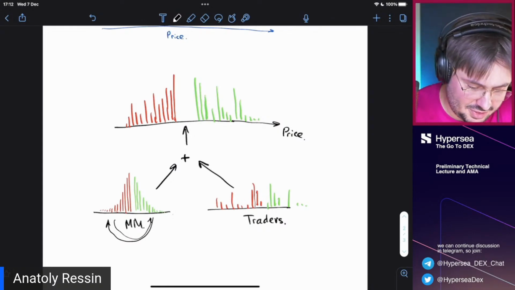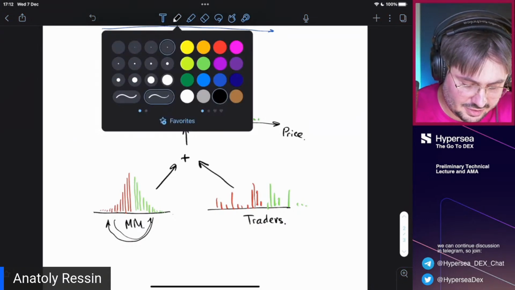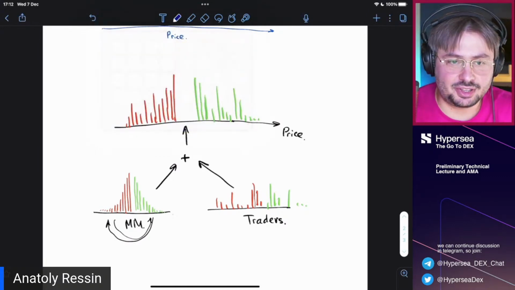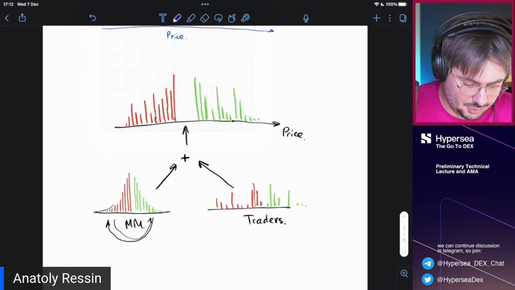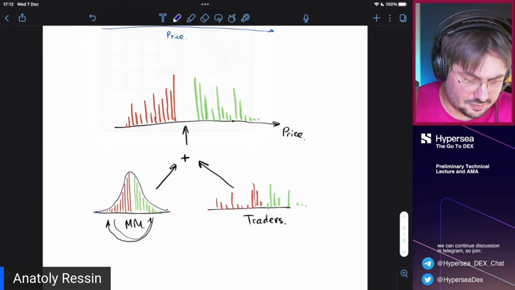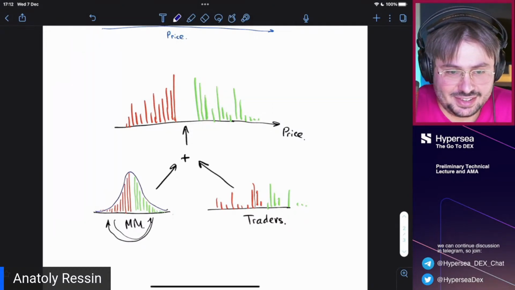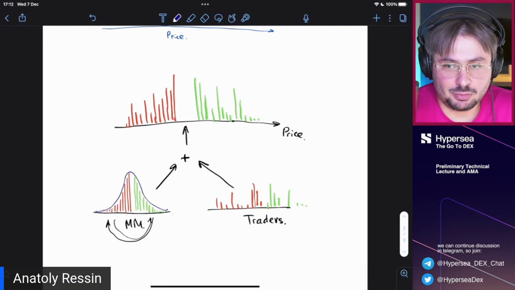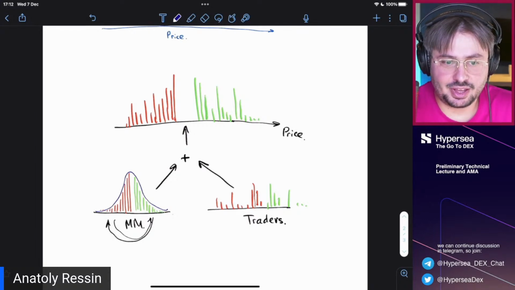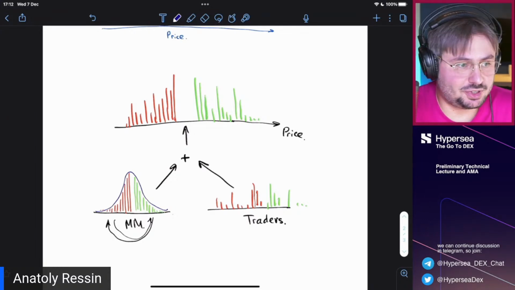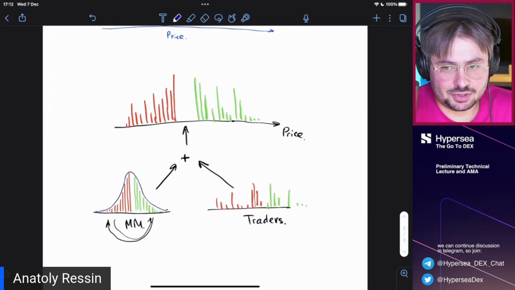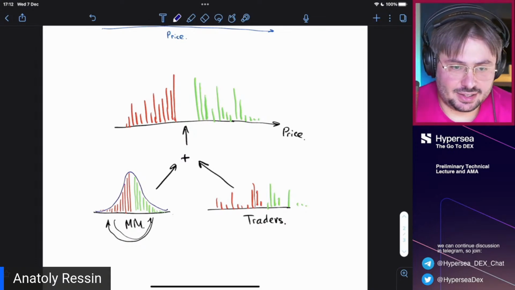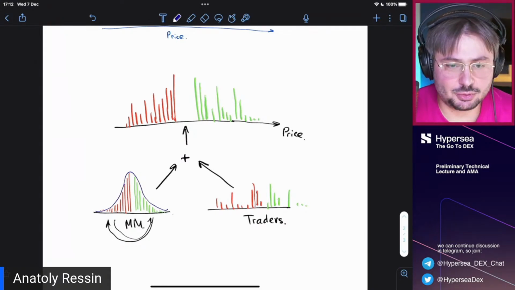And you can see that there is a question how to correctly distribute your liquidity to earn the maximum possible amount from the price fluctuations, from the users that want to trade.